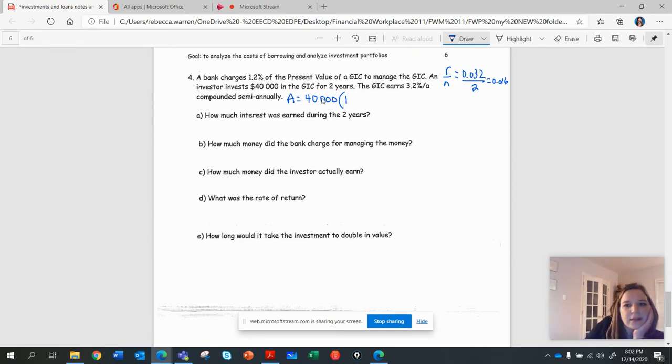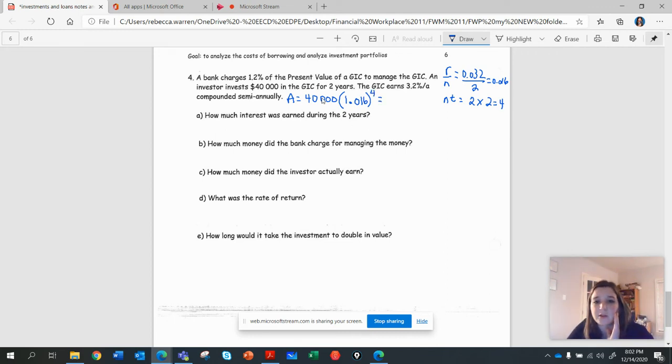Okay, and then if you remember, we also found the other part, so our nt before we plugged it into the formula, and that was the compounded twice a year for 2 years, which equals 4. So in our formula here, it would be 1 plus 0.016, which is 1.016, and it's going to be to the power of nt, which is 4.